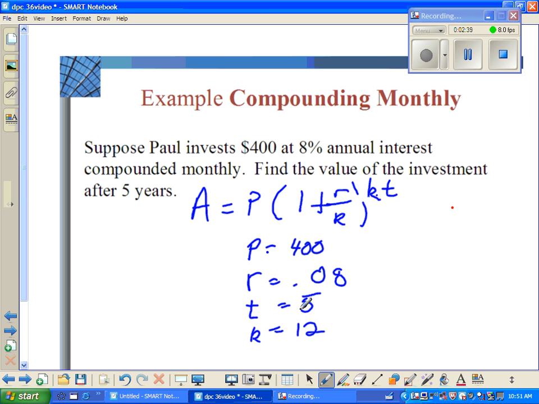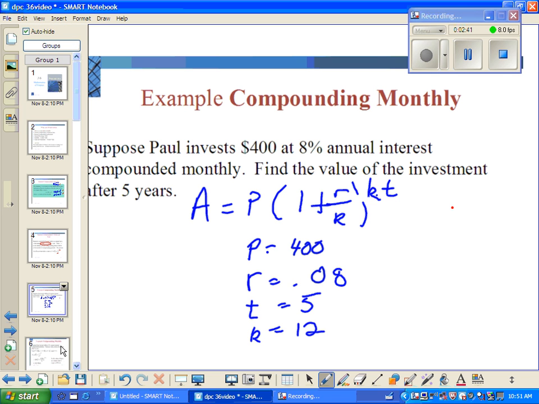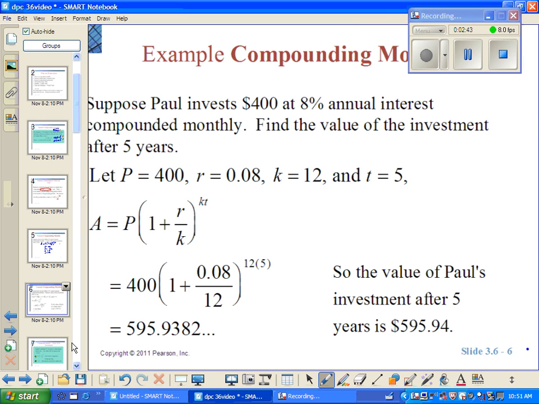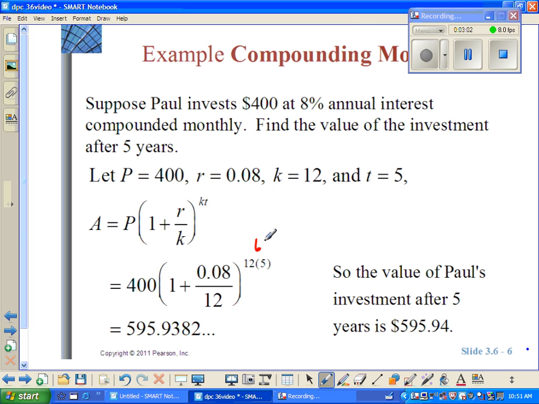Now watch how this gets substituted into the formula. What they're going to do is put in the 400 for P right out here. They're going to put in the rate, 0.08, but divide it by 12. And up here you have the 12 times 5, K times T. Notice that you could just as easily write that as 60.